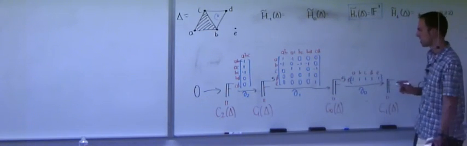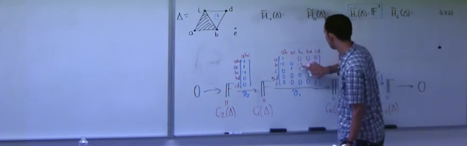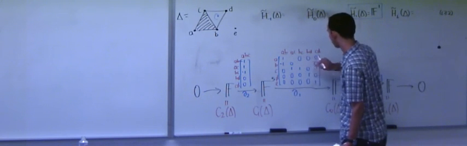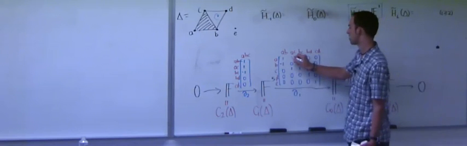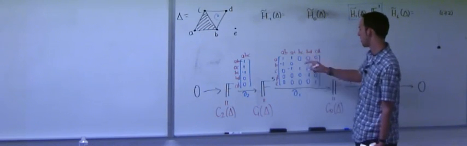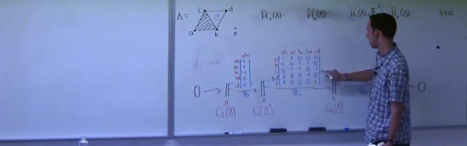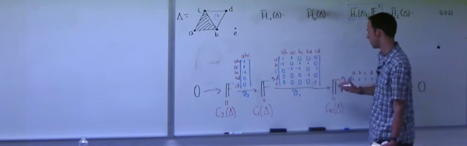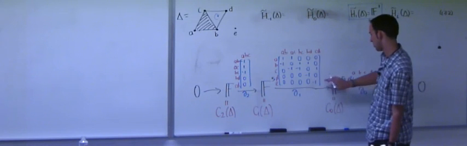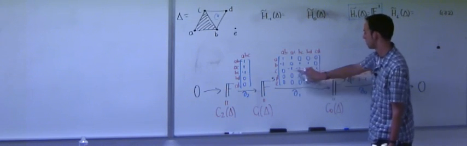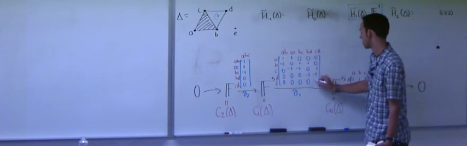And I probably did the same mistake for all of these. So the boundary of AC is A minus C, the boundary of BC is B minus C, the boundary of BD is B minus D, and the boundary of CD is C minus D. Right? So it should look like that.